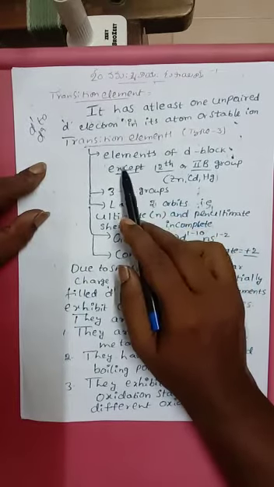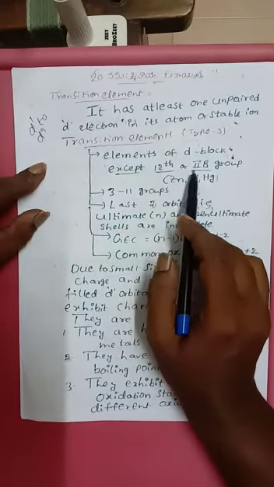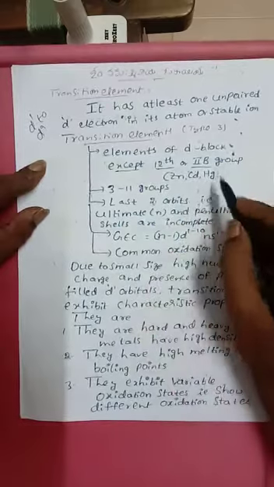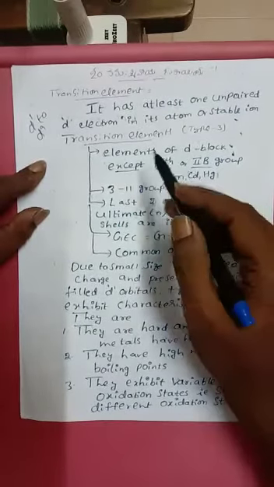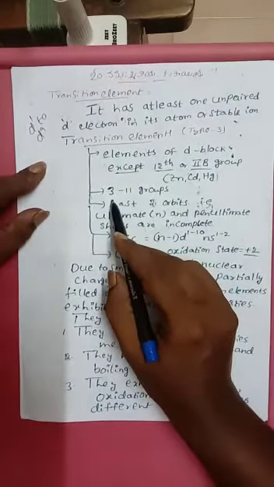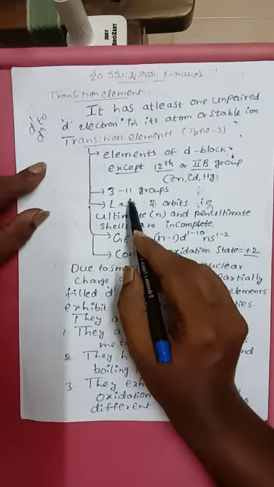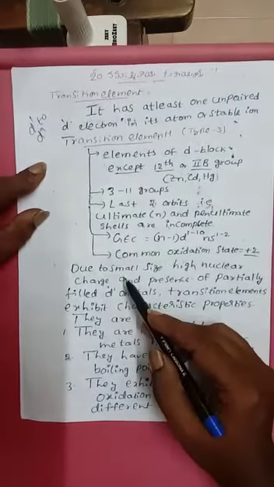They are nothing but elements of the d block except the 12th or 2B group. Except these three elements, the remaining d block elements belong to transition elements. So that is nothing but 3rd group to 11th group. These 9 groups are considered as transition elements.